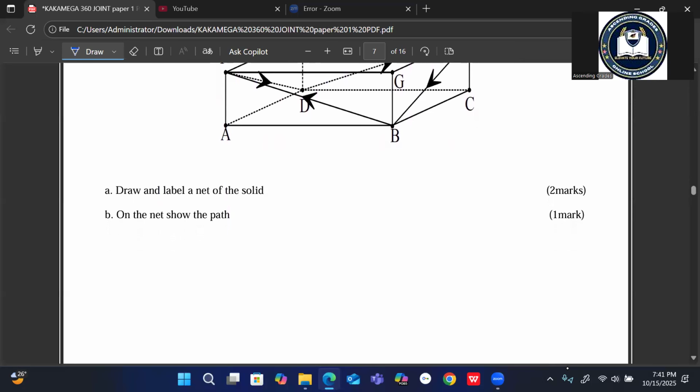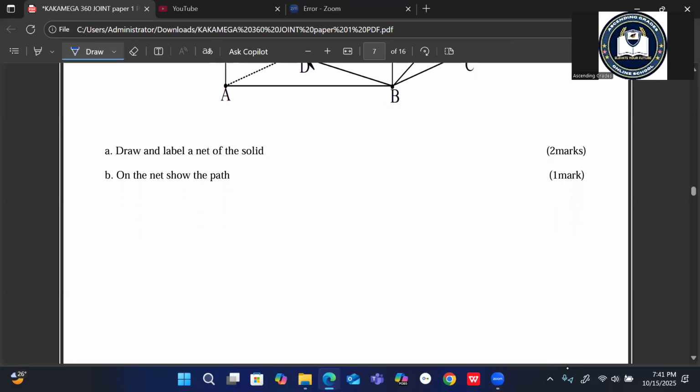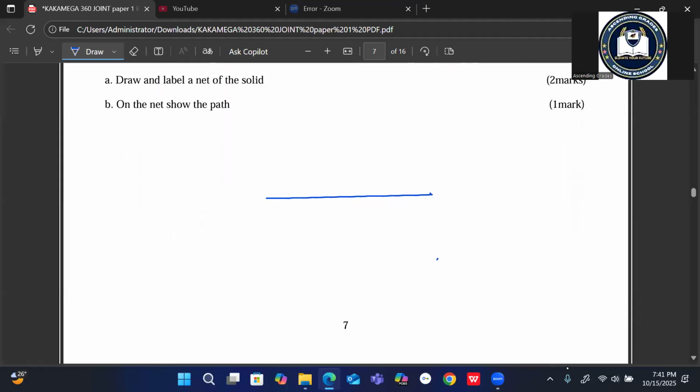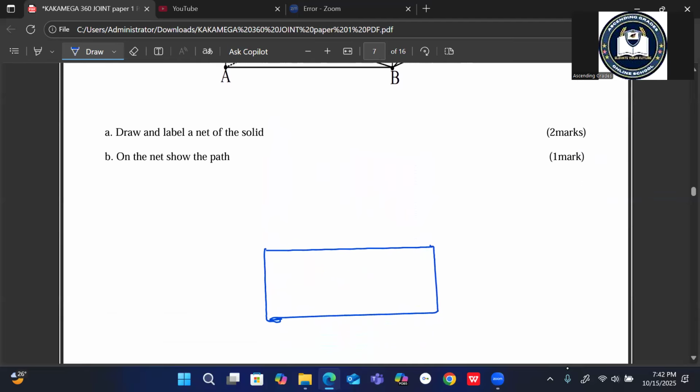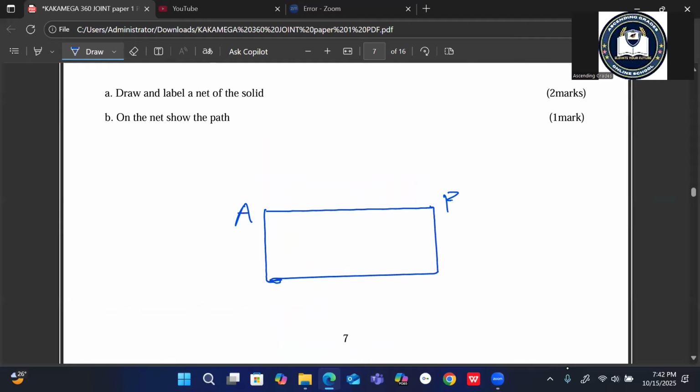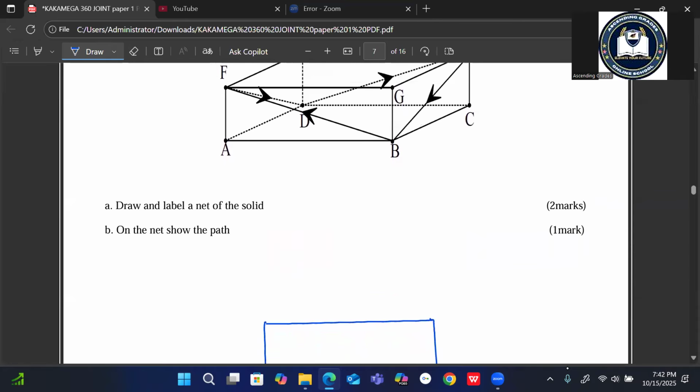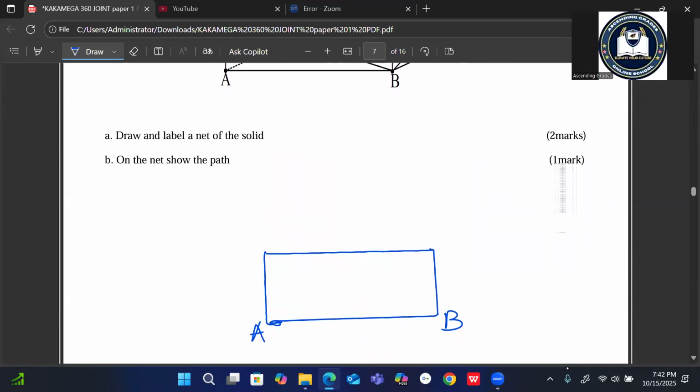So begin with AB. So that is our A, B. So this is A, B. Let's put it on the other side, but it can be clear to be A, B. Then we extend it.